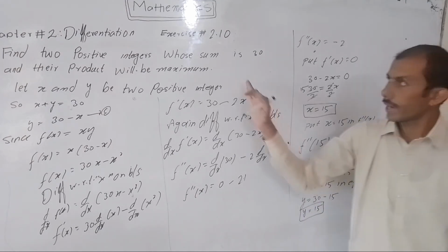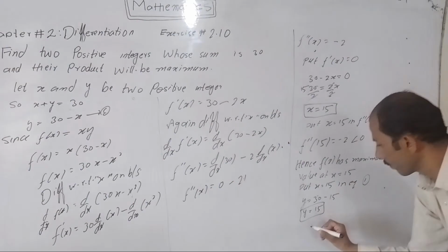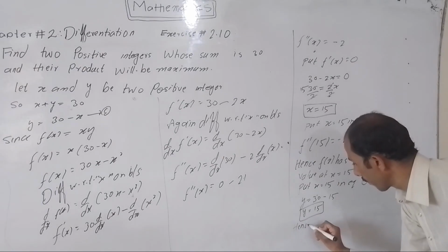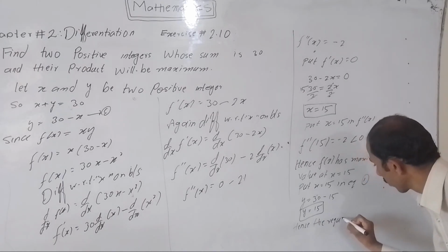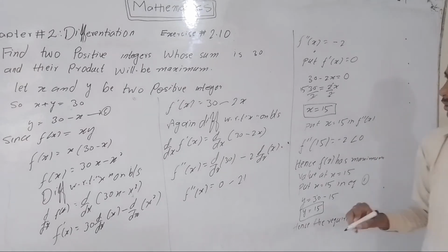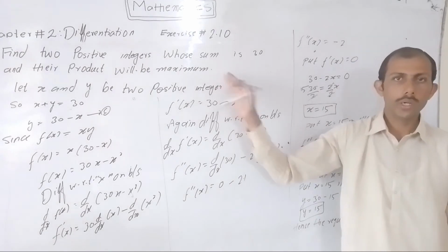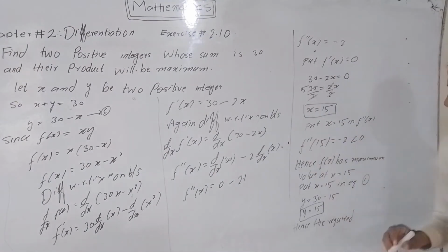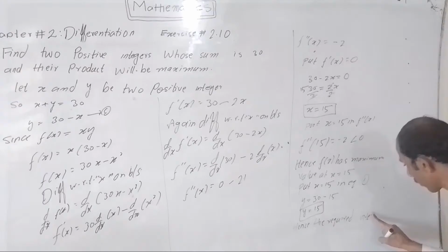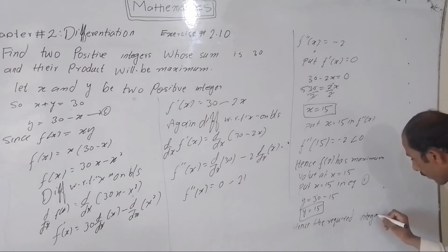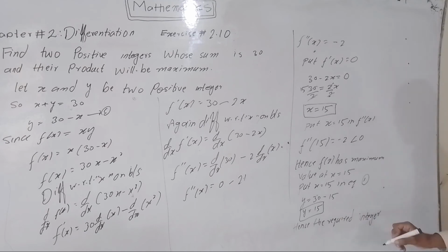Hence the required two integers whose sum is 30 are 15 and 15.